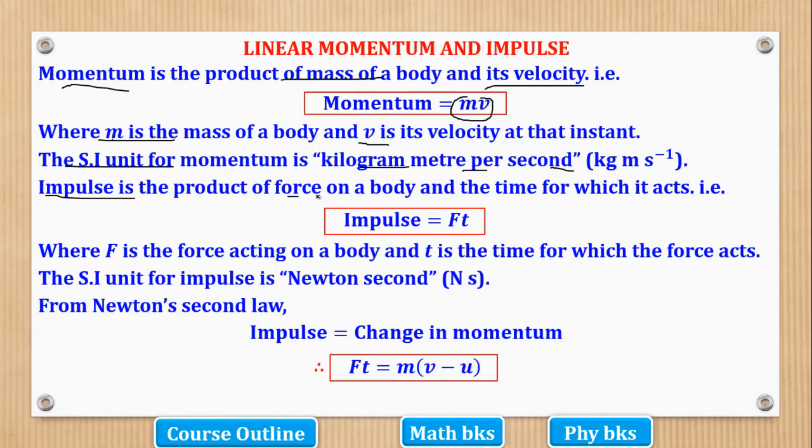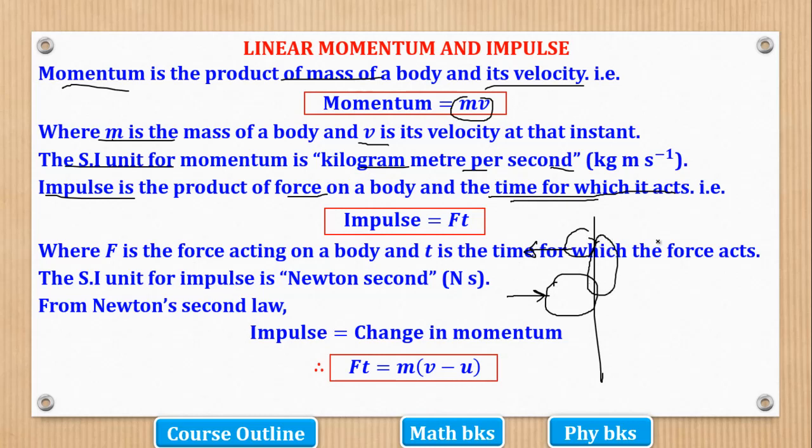Impulse is the product of force on a body and the time for which it acts. Note this phrase, time for which it acts. For example, if a ball hits a wall and bounces back, there will be a time lag between hitting the wall and bouncing back.